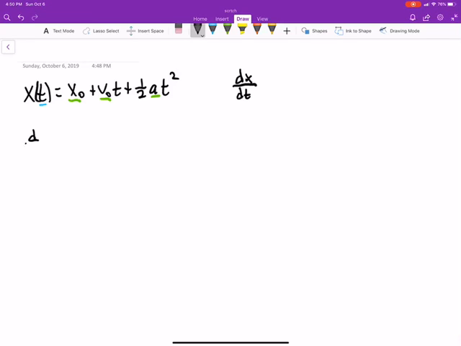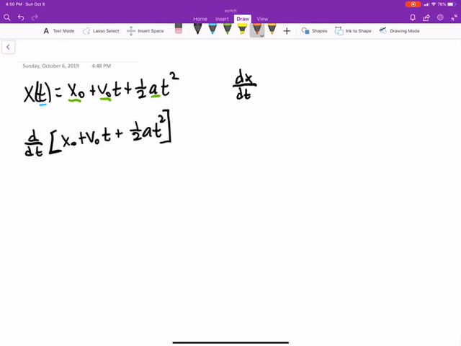That's the first thing. So the way we do that, d by dt of x naught plus v naught t plus 1/2 a t squared. And an important property of derivatives is that they're linear.